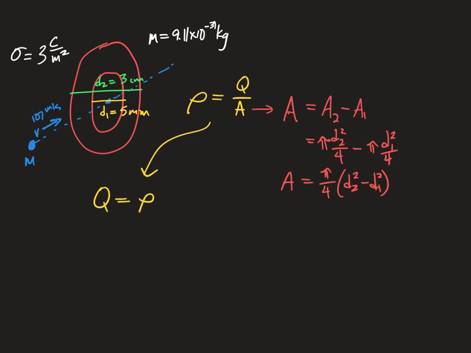Charge density was given to me, but charge wasn't given to me. I just specified a way to talk about the area, which will be pi over 4 d2 squared minus d1 squared.